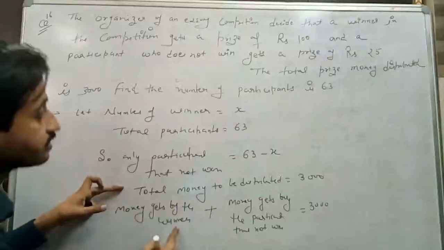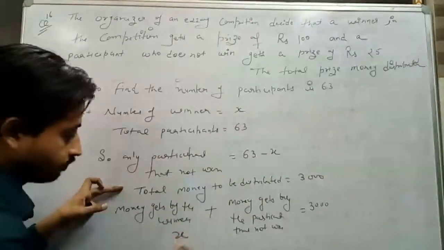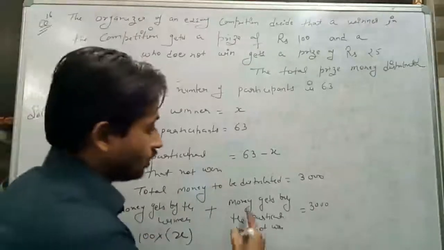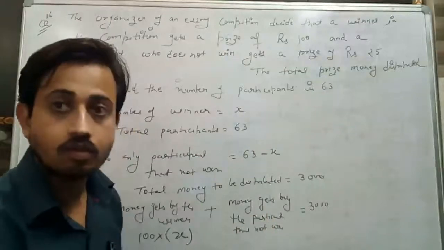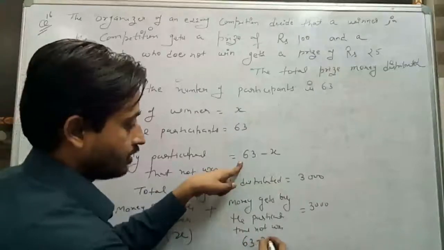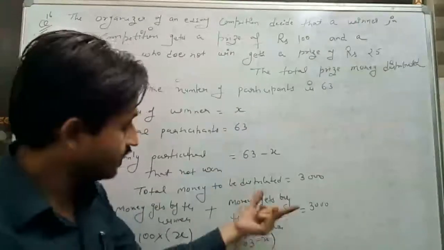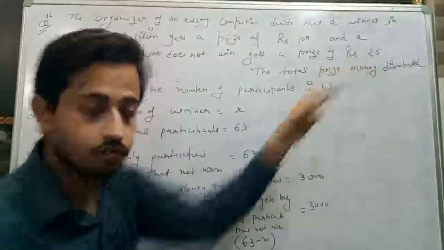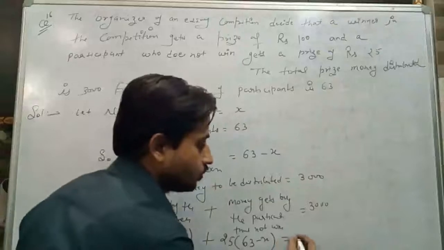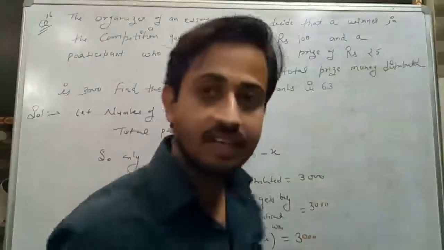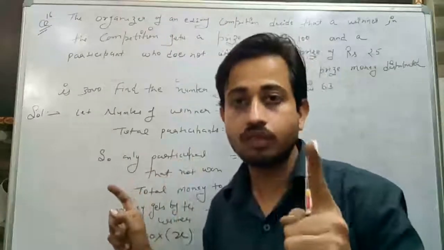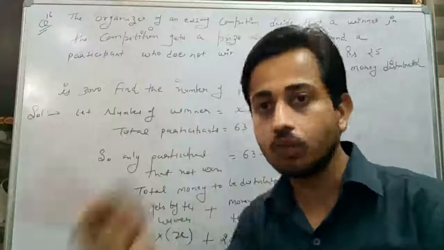The number of winners is x and the money to be distributed is 100 each. Now the money received by the participants who did not win, their number is 63 minus x, and each gets 25 rupees. If we add them, the total money is equal to 3000. I repeat, x is the number of winners and one winner gets 100 rupees, then the money distributed to winners is 100 into x, which is 100x.